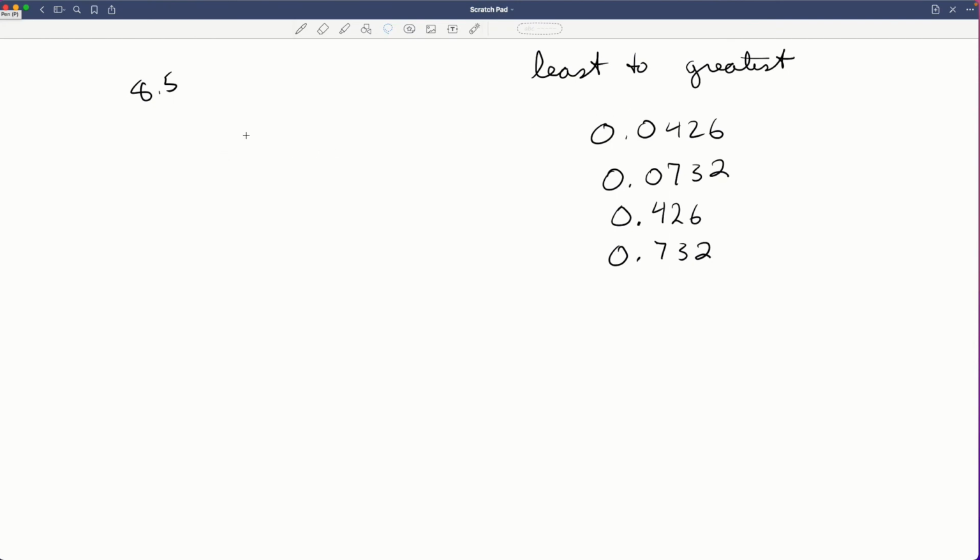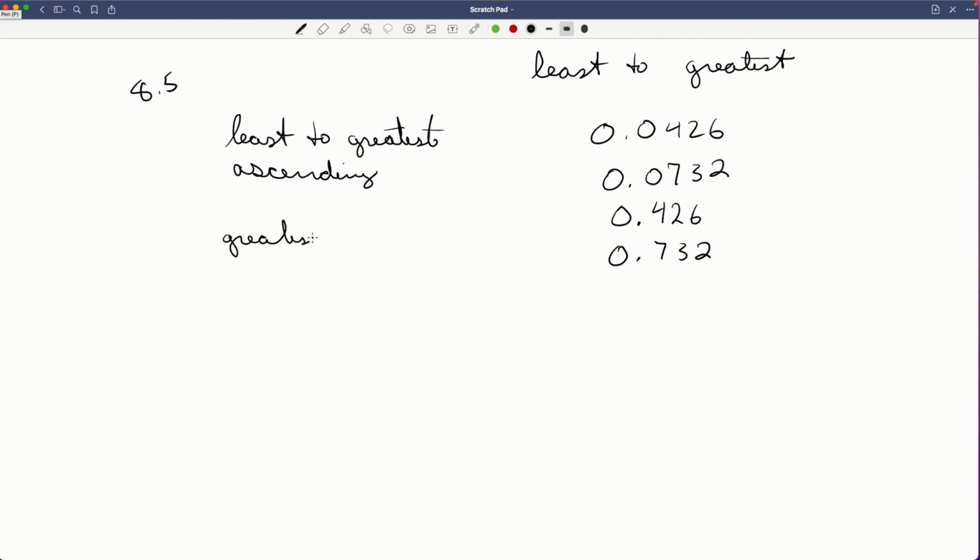Some other keywords you want to look for: when it says least to greatest, that is also called ascending, because it means it starts low and it goes up. It gets bigger. It ascends.